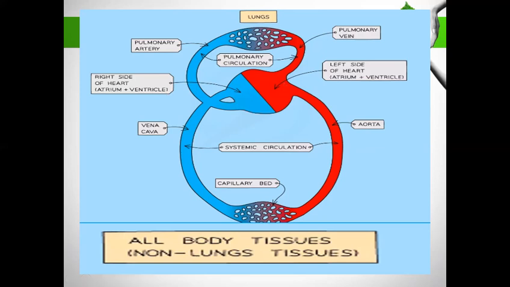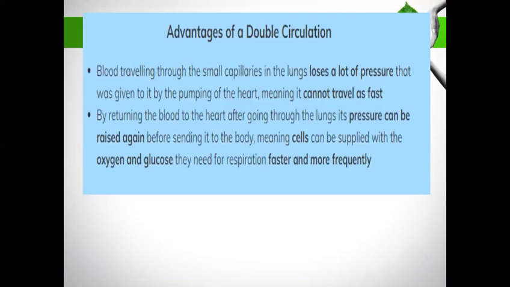And one more thing: in the fish heart, the blood comes through once, but in humans the blood comes through twice. Two types of blood are found at the same time in the human heart.